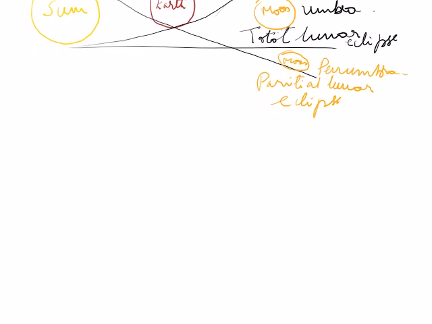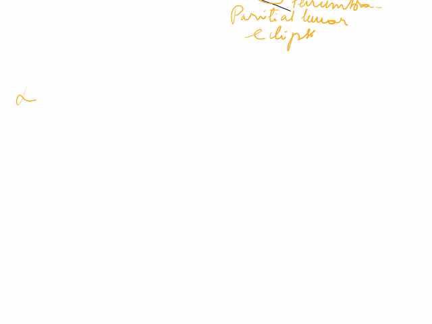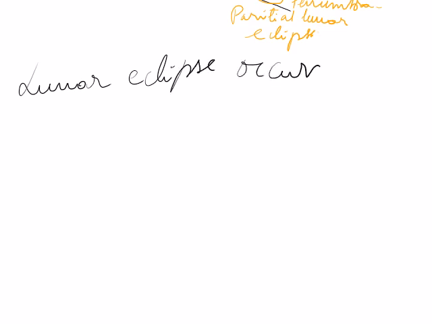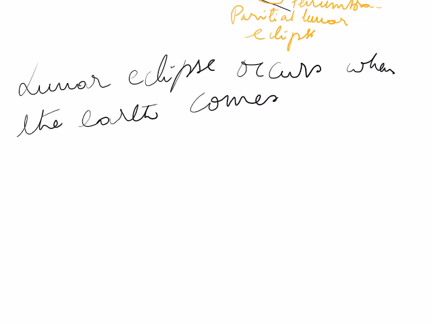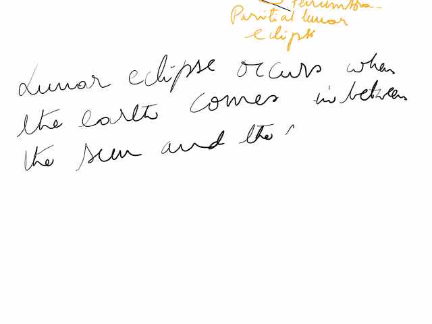Okay, so lunar eclipse occurs when the earth comes in between the sun and the moon.